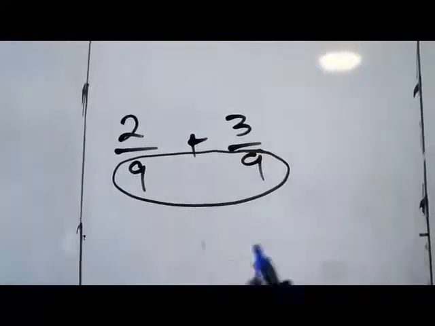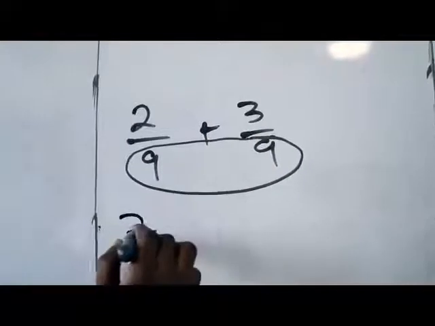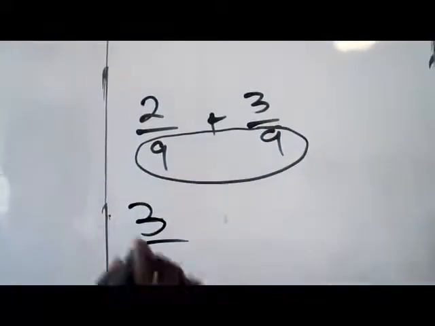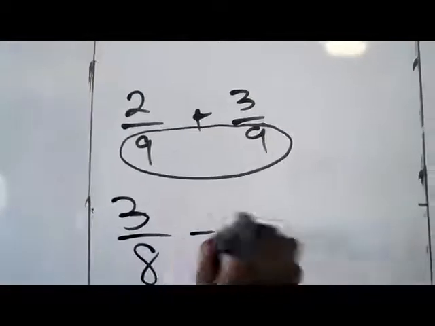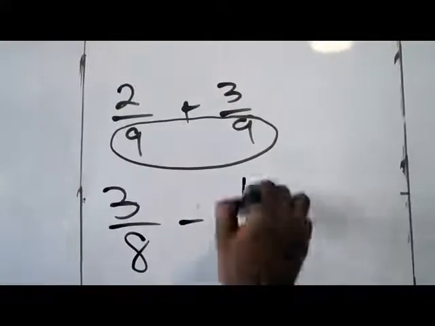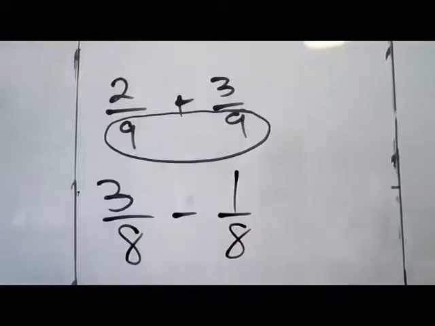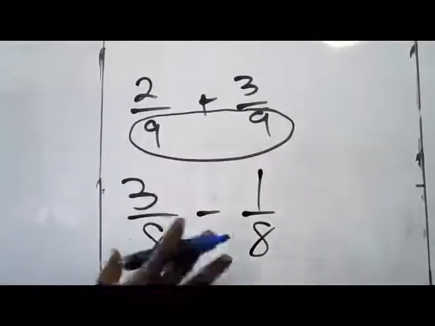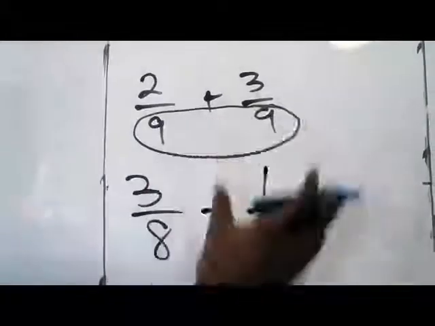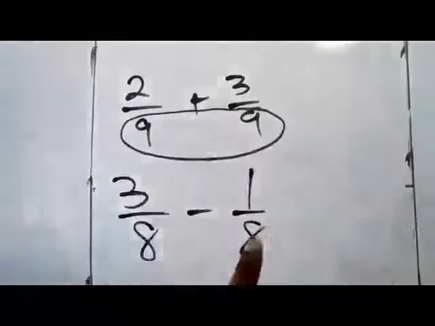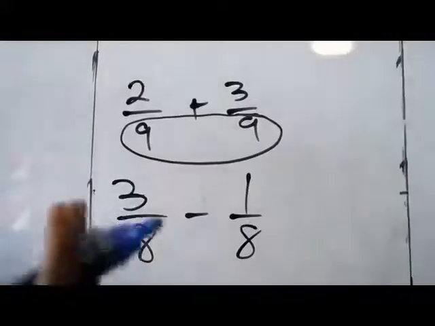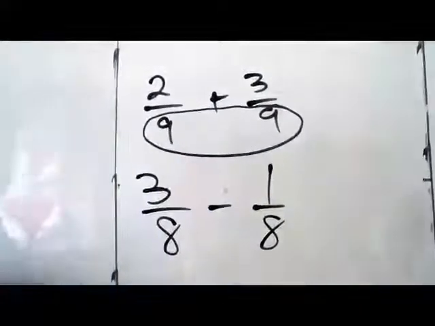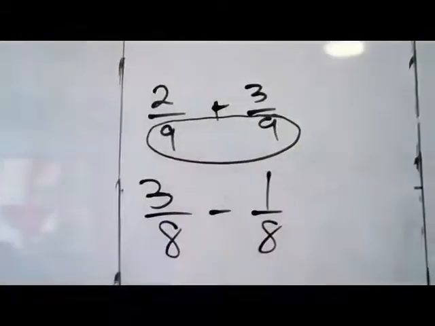Let's say 3 over 8 minus 1 over 8. This is also an example of like fractions. Now, the denominators can be bigger than this and they can be smaller than this, but you must understand that they are of the same value.